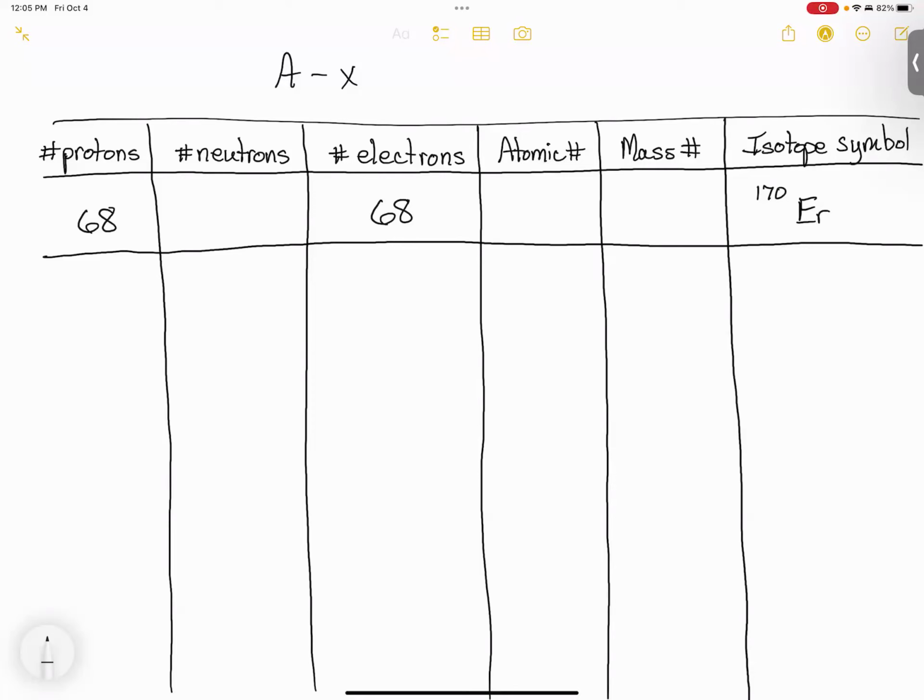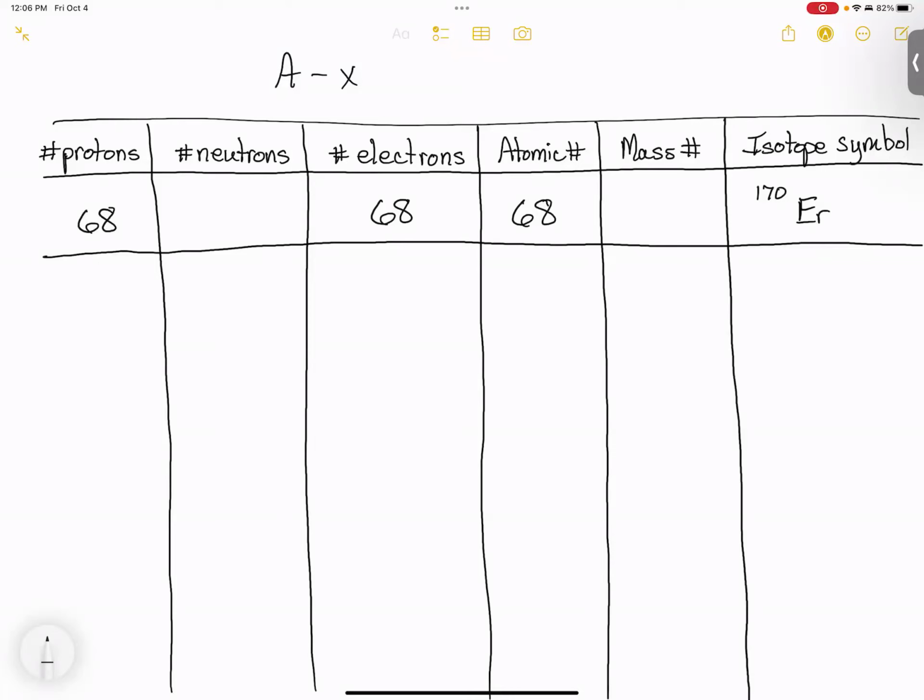What else does it tell you? Atomic number. Okay. I'm very glad you asked that question. I was just asked, is this the mass number in red below it?